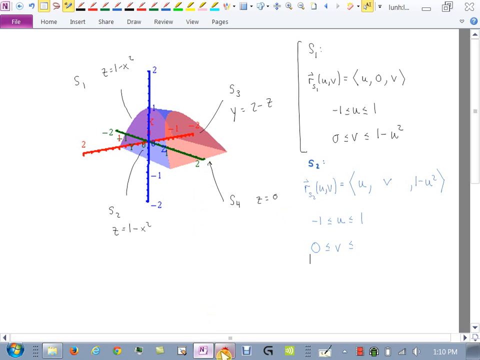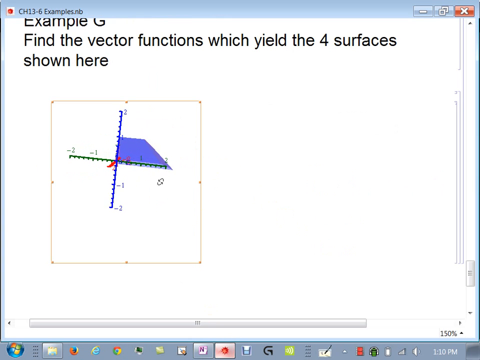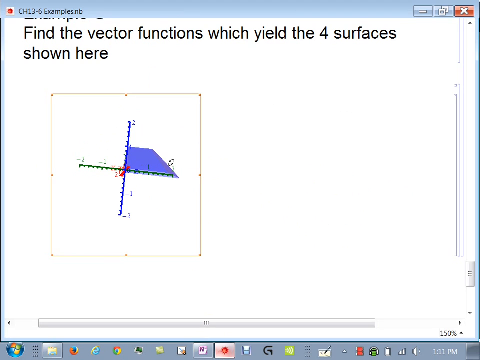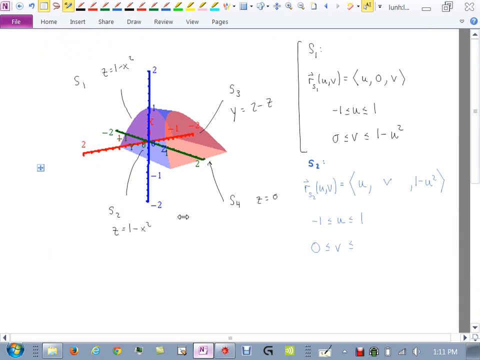So if we look at it from the side, my V, and my y comes out like this, right? This is my V. It starts at 0, and what stops it? The equation of the plane. So when I come back here, what's the equation of this plane right here? Y equals 2 minus z, right? Well, isn't V y?